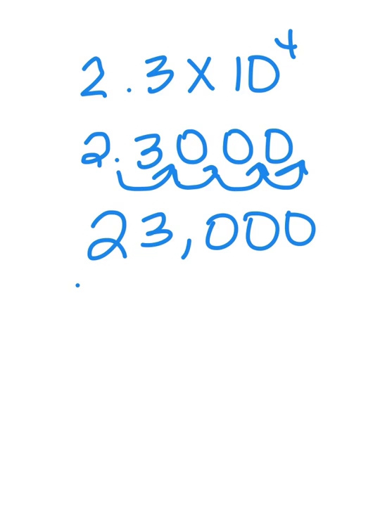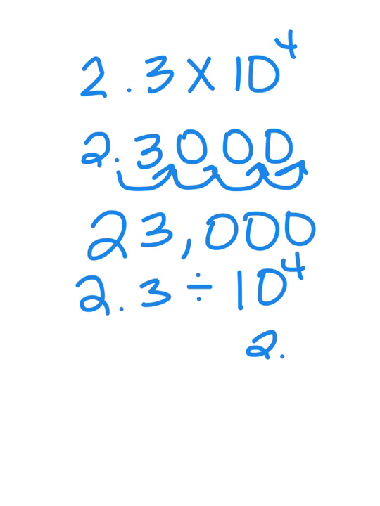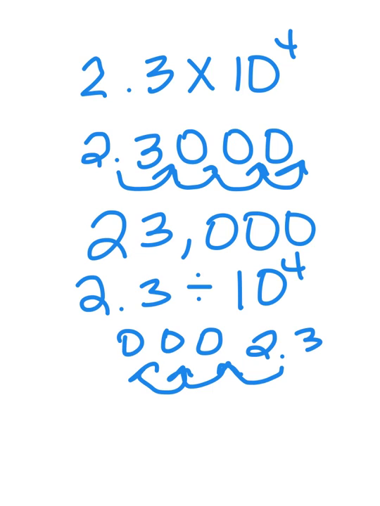Let's look at the problem 2.3 divided by 10 to the fourth. We're now going to move in the opposite direction. We're going to move to the left because we're dividing. So there's one place, there's 2, 3, 4. So our decimal is now going to go here.